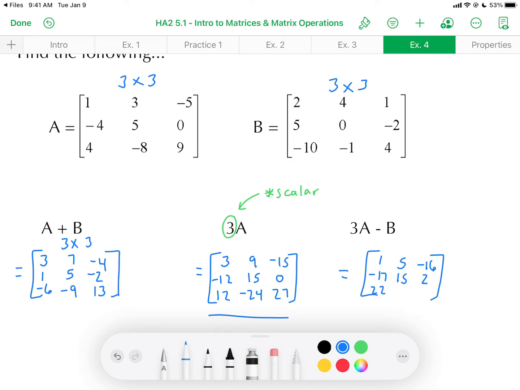Negative 24 minus negative 1 would be negative 23. 27 minus 4 would be positive 23. Just make sure you follow order of operations. If you have addition, subtraction, and multiplication, just like regular real numbers, follow order of operations.